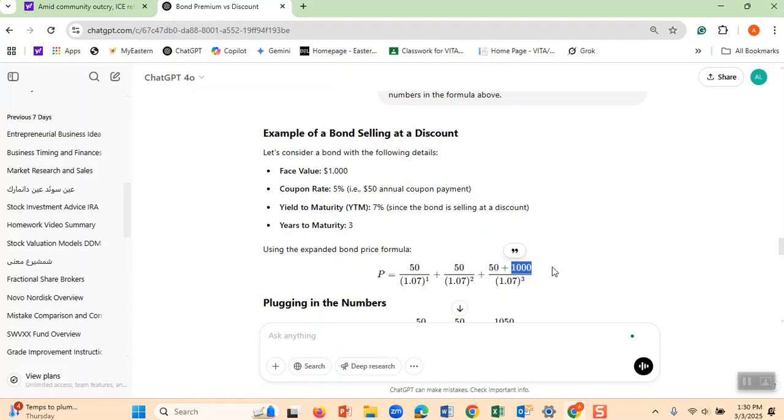Therefore, if he wants your $1,000, he's giving you an incentive. And the incentive is $50 next year, $50 a year after, and $50 in year 3, plus he has to pay your $1,000 back. This is the structure of a bond.